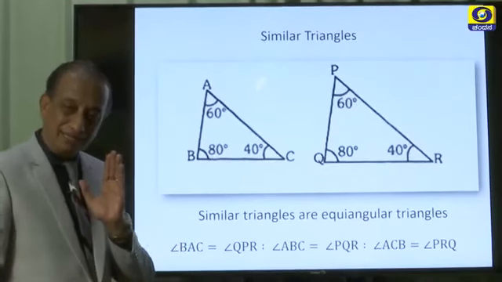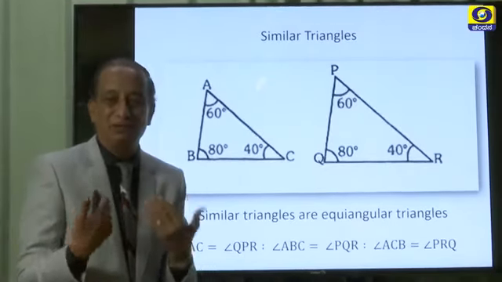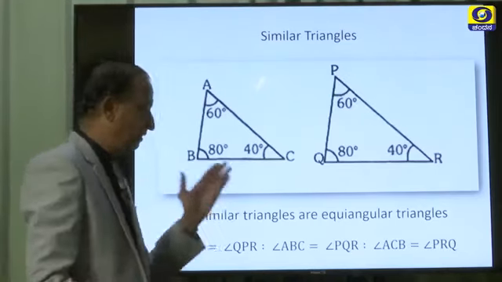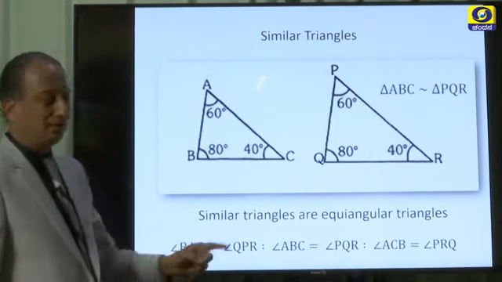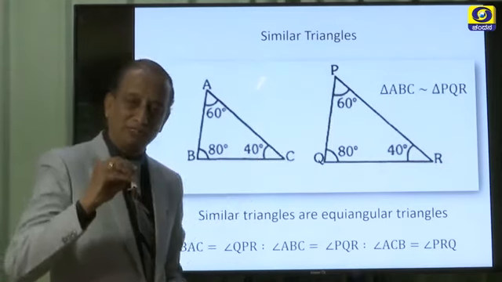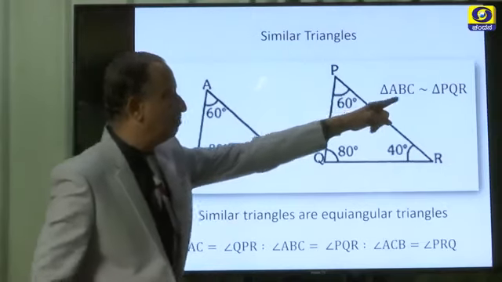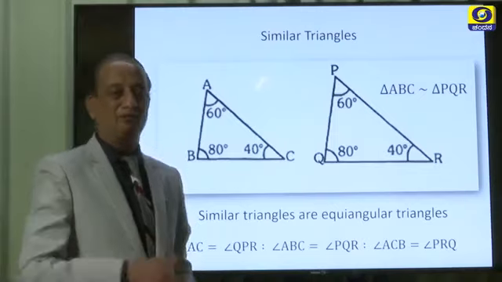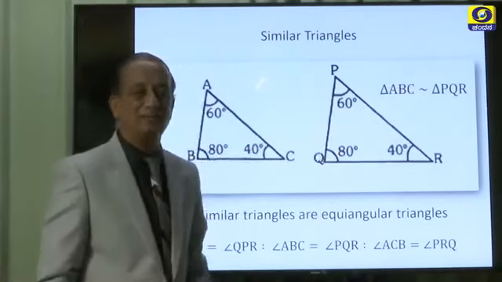Only when they are equiangular can you expect them to be similar, but not otherwise. So, this is a fundamental property. In mathematics, we talk of a lot of symbols. This is the symbol for similarity. A sleeping S, if you write, should be read as similar to the other triangle.